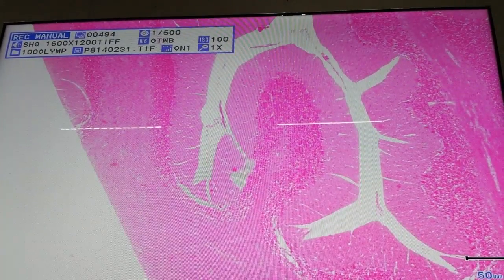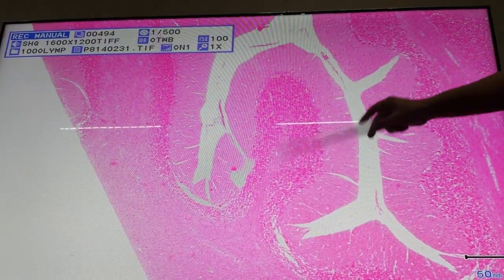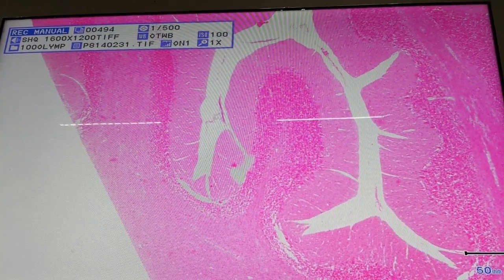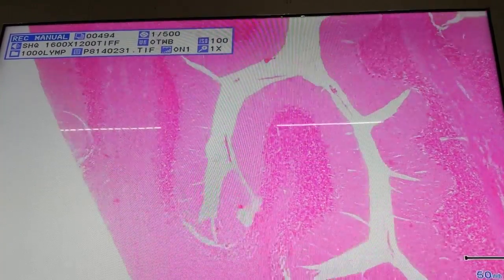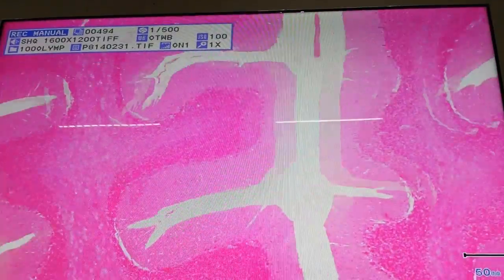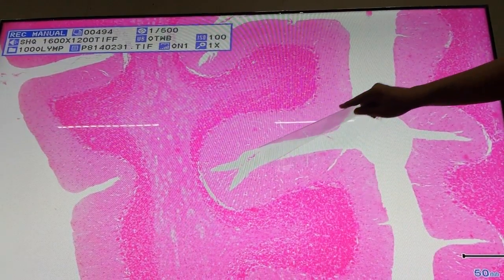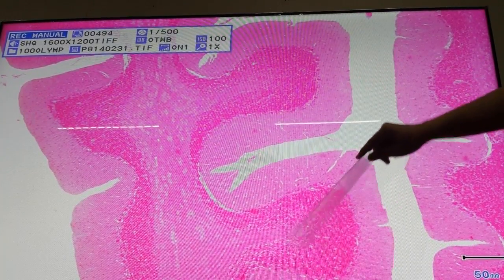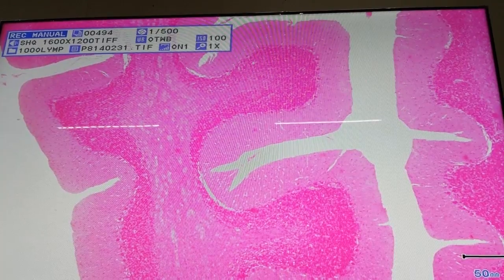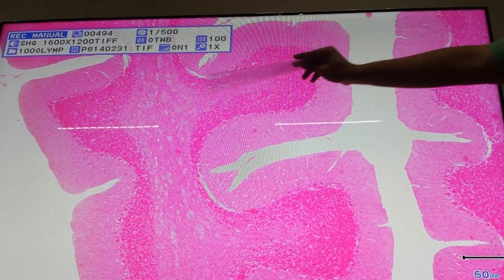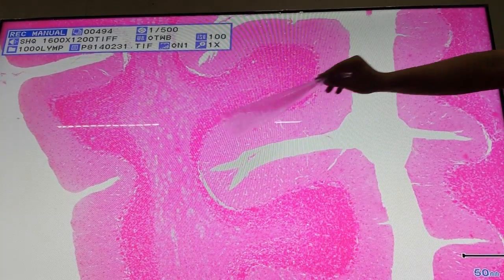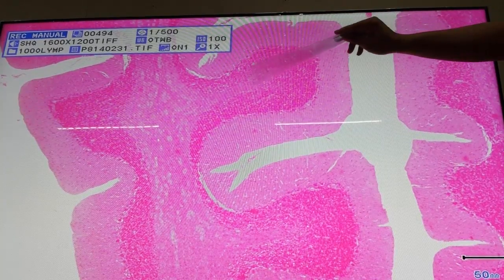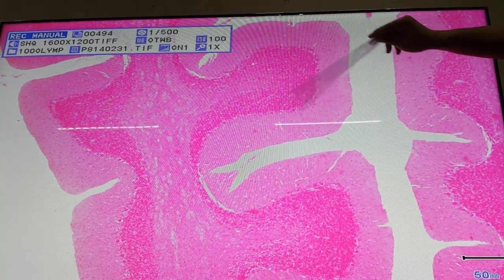The convoluted folds would be known as the cerebellar folia, and then they are separated by the sulcus, the interfolial sulcus. These are convoluted folds of folia. The one in the middle represents the white matter. This layer would be composed of the gray matter.